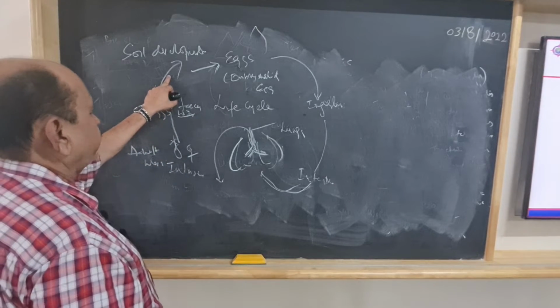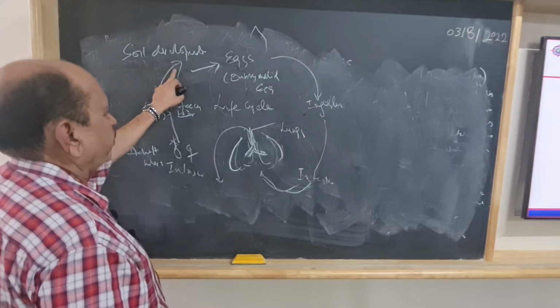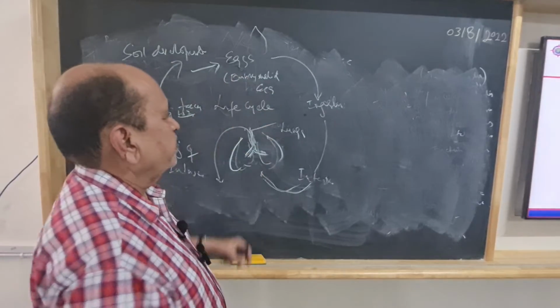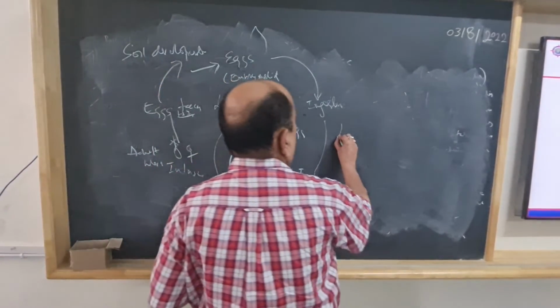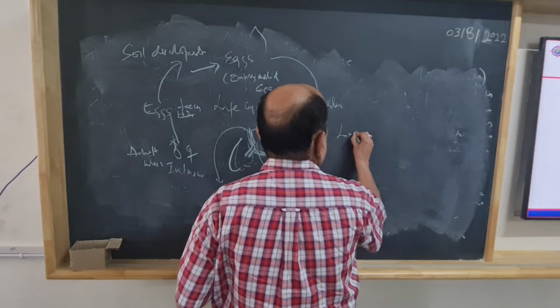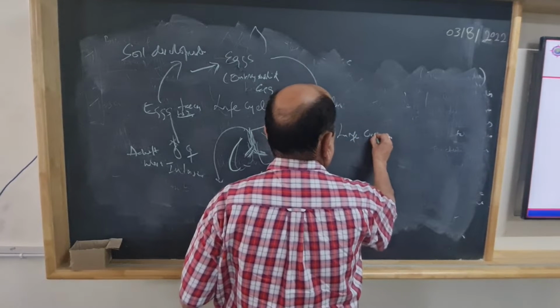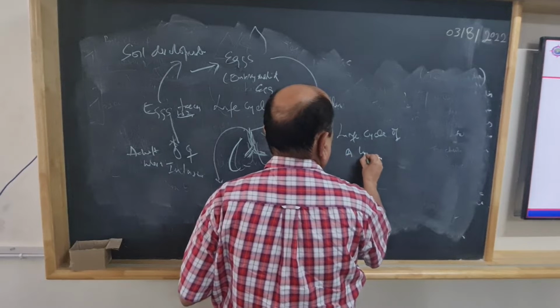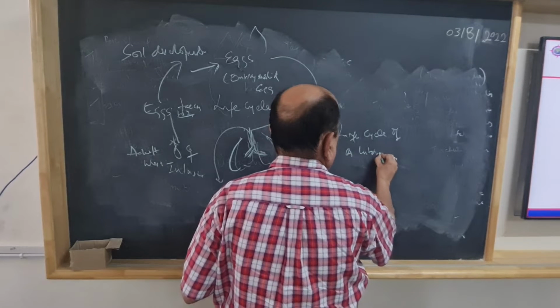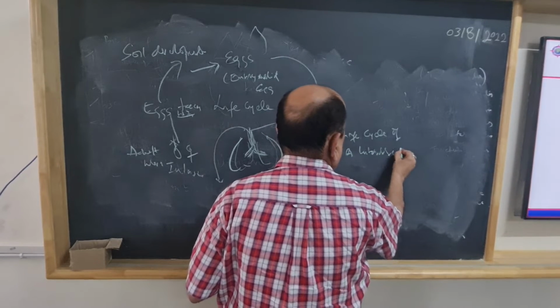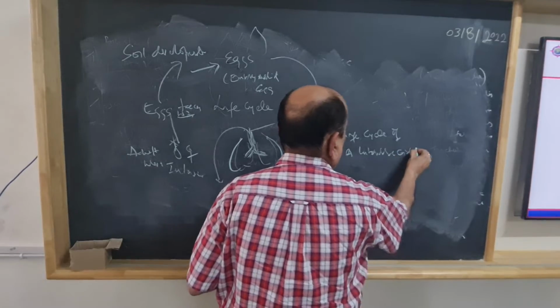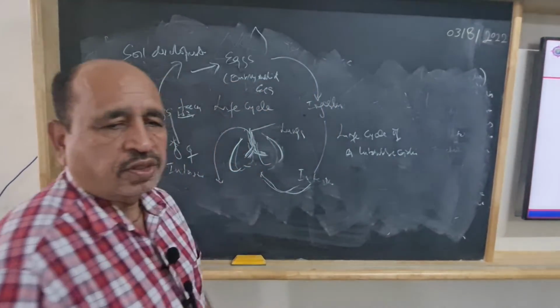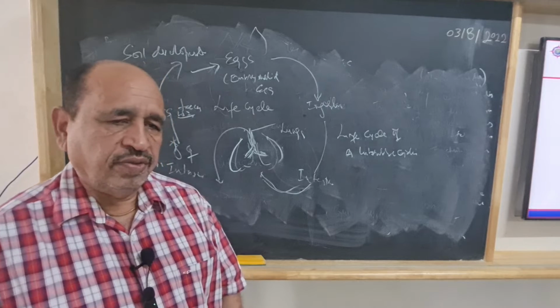Eggs are passed in the feces and undergo development phases in the soil. Again, man gets infected. This is the life cycle of Ascaris lumbricoides.